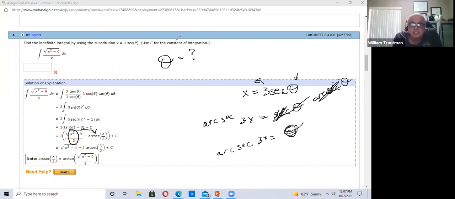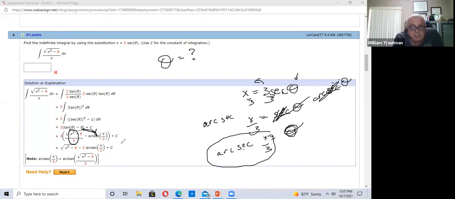I said take the 3 to the other side, sorry, and divide it. So theta equals arc secant of x over 3. And that's how they change this theta to arc secant of x over 3.